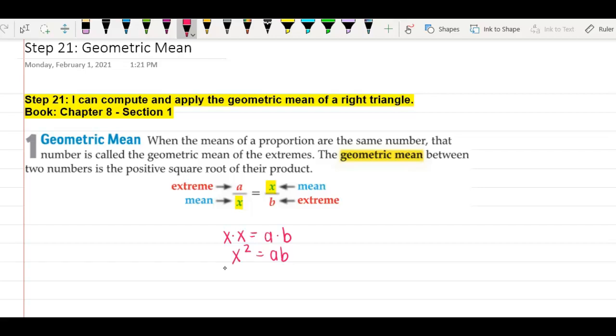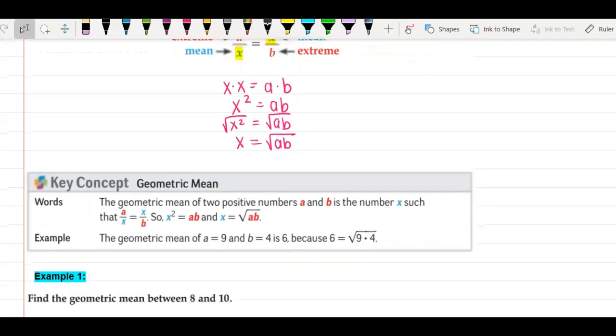To get rid of that squared, we're going to take the square root of both sides. So x, or the geometric mean, is just equal to the square root of your two numbers multiplied together. So we're just going to multiply the two numbers together and take the square root.